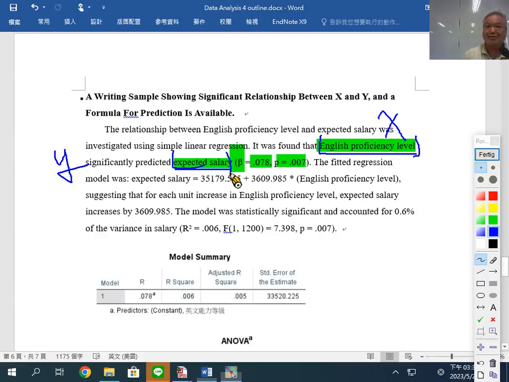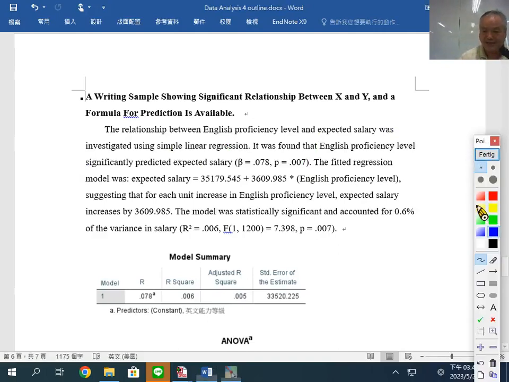And this kind of relationship is strong because the p-value 0.007 is less than 5%, right? So the relationship for this one is significant. So when we report our data, let's look here. We say it was found that English proficiency level significantly predicted expected salary.